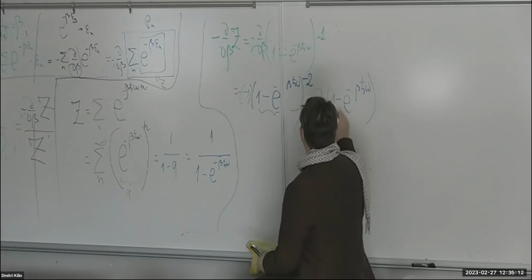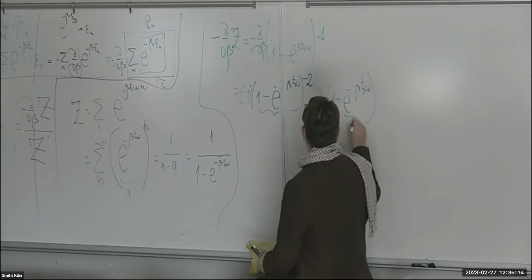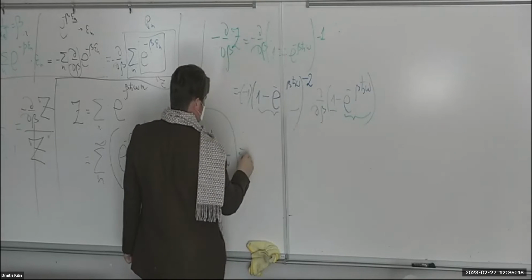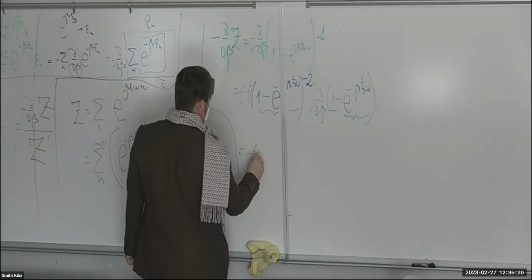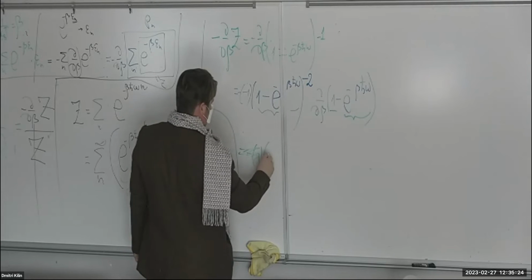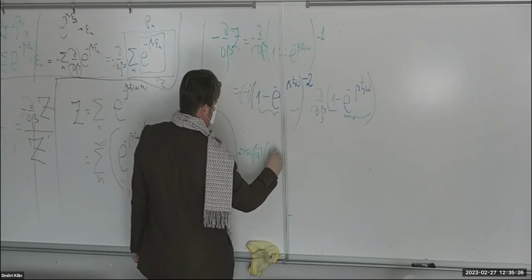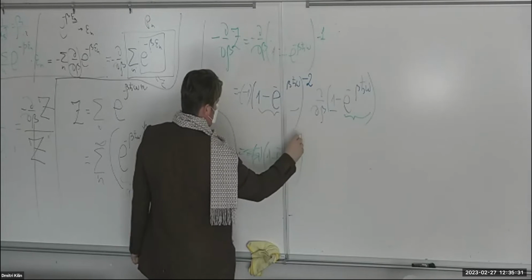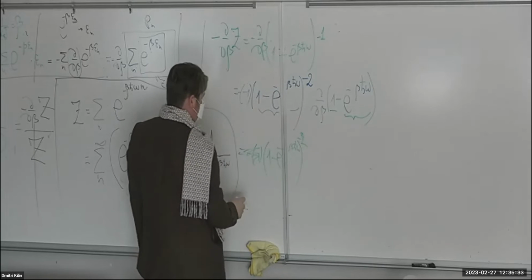So derivative of 1 is 0, and then we need to apply derivative to exponential. It's minus 1, I think it will be plus 1 minus e to the minus beta h bar omega to the power minus 2.